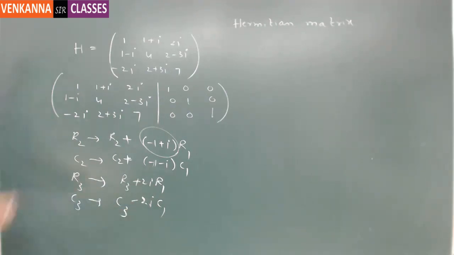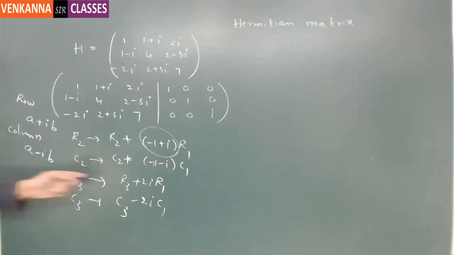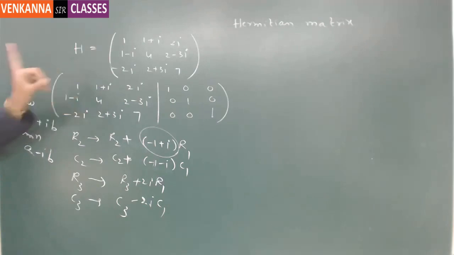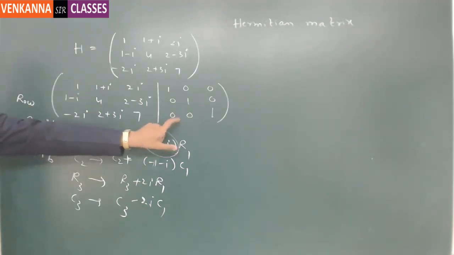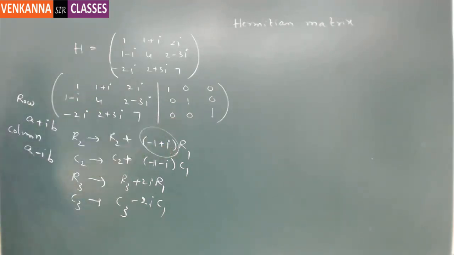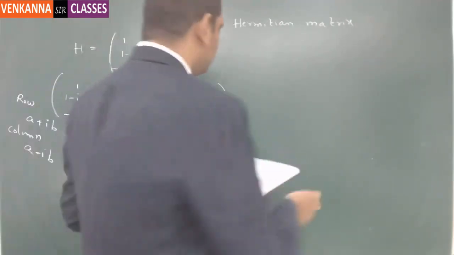Whenever you are multiplying a row with A plus IB, for the column you take the corresponding conjugate, A minus IB, and perform the same operation. So row and column both will be performed on this model, but only row will be performed on this model, right?